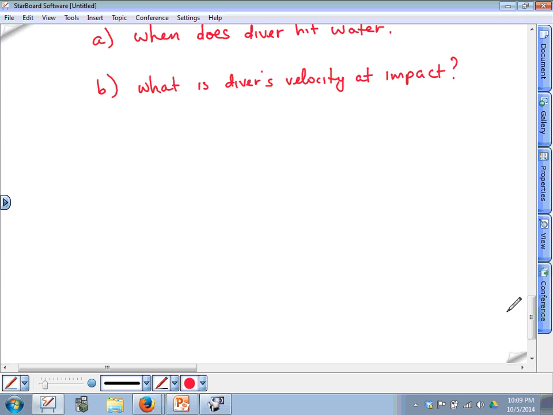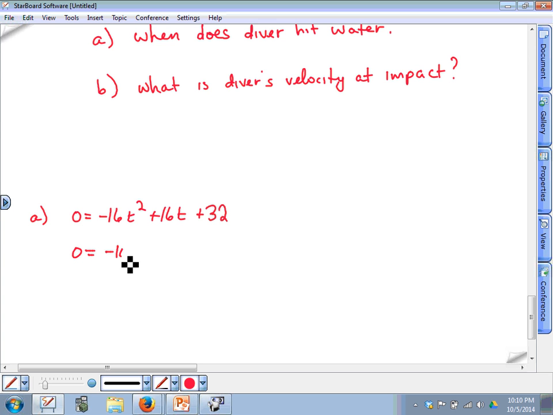Well, when does the diver hit the water? The word when means that we're going to be finding a value of t. T is time. So when the diver hits the water, the diver's height or position is 0. So what we're doing here for part A is solving the equation 0 equals negative 16t squared plus 16t plus 32.